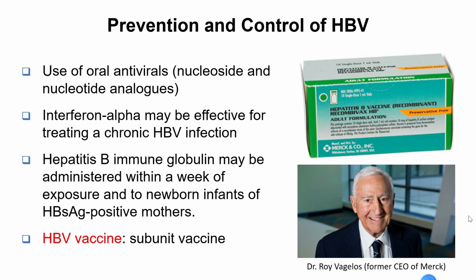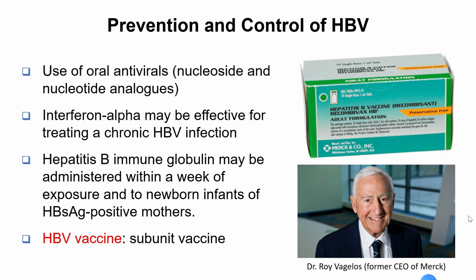By the 1980s, the Chinese government wanted to get the vaccine from Western countries, and those companies in Western countries also wanted to introduce the vaccine to China, including the company called Merck.